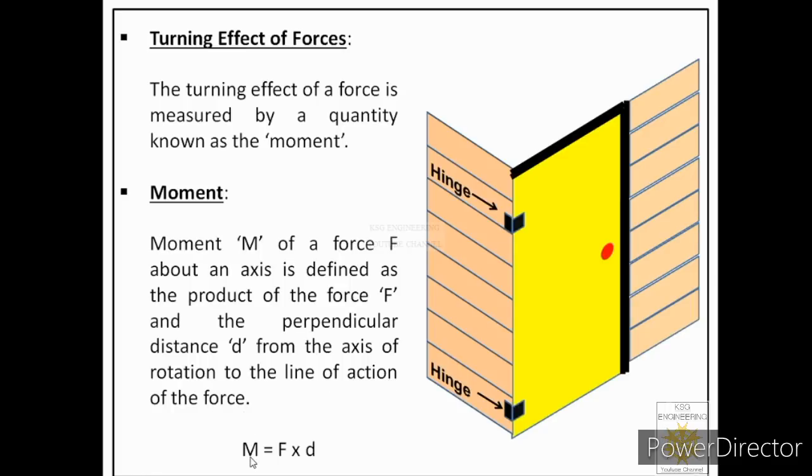So M is equal to the magnitude of the force multiplied by the perpendicular distance of the force from the axis of rotation. Now let us understand this through this example.